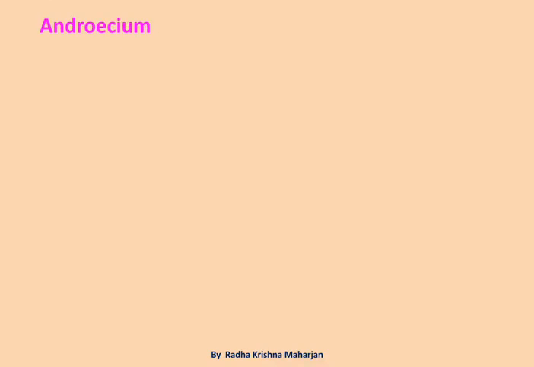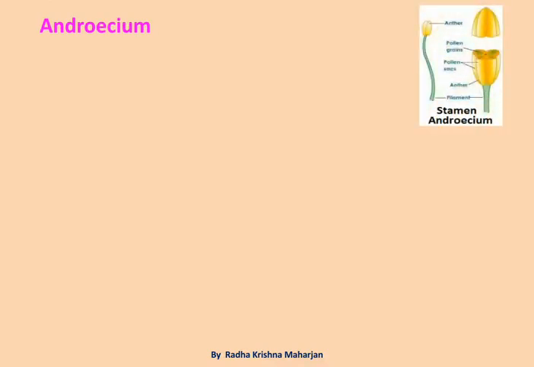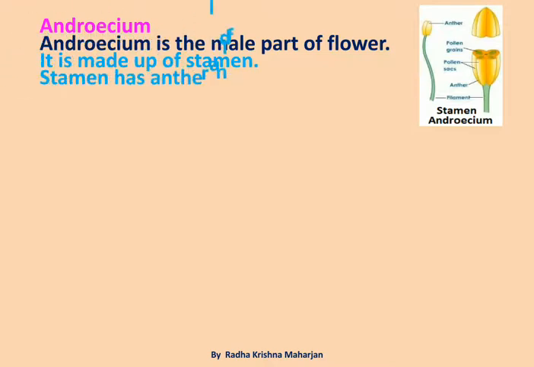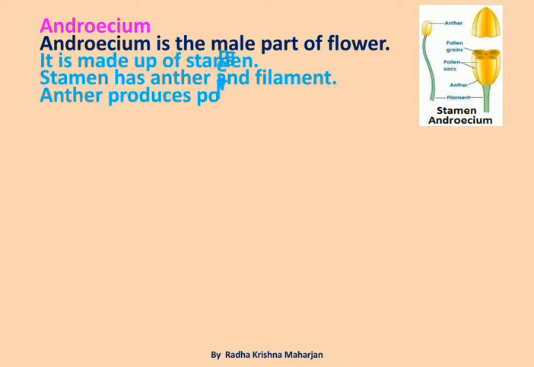Androecium. Androecium is the male part of flower. It is made up of stamen. Stamen has anther and filament. Anther produces pollen grains. Gynoecium.